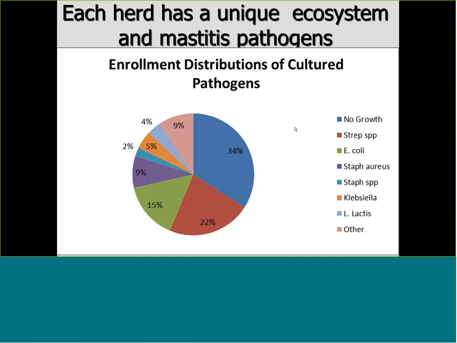So we're probably wasting time, money, milk withholding, risk of antimicrobial residues, and antimicrobial resistance by putting tubes in those cows. And sometimes about a quarter, 20% to a quarter of the cases are strep, 15% E. coli, some Staph aureus is still around, and then a smattering of other things.